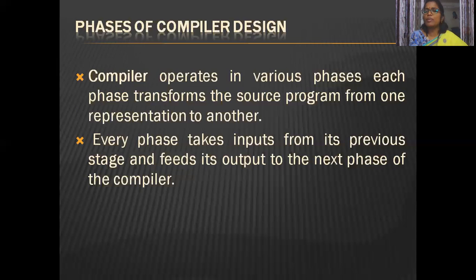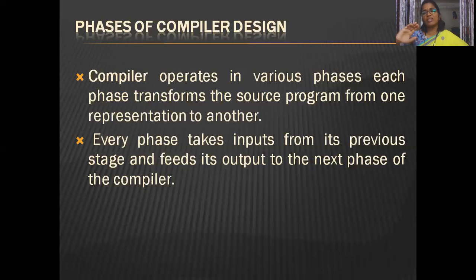Each phase transforms the source program. The source program is the program which we write, the high-level language instructions. Each phase in the compiler transforms the source program from one representation to another.